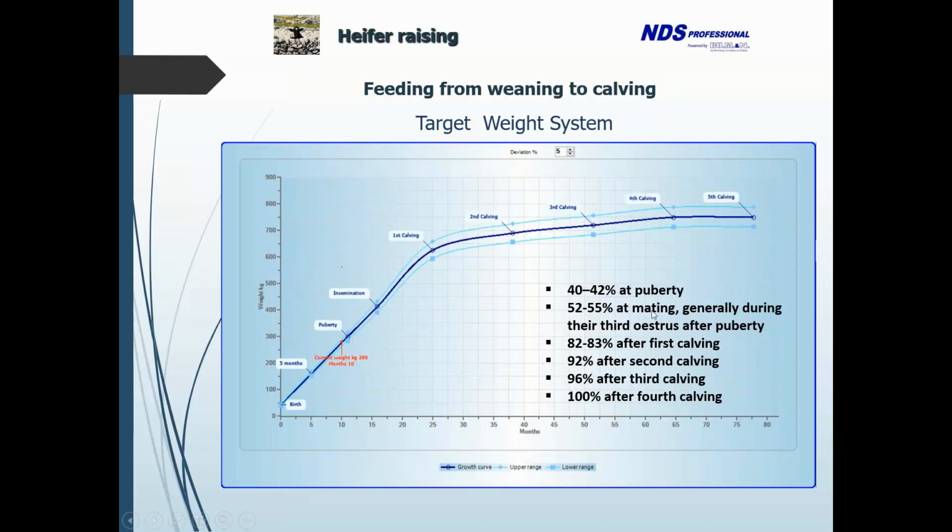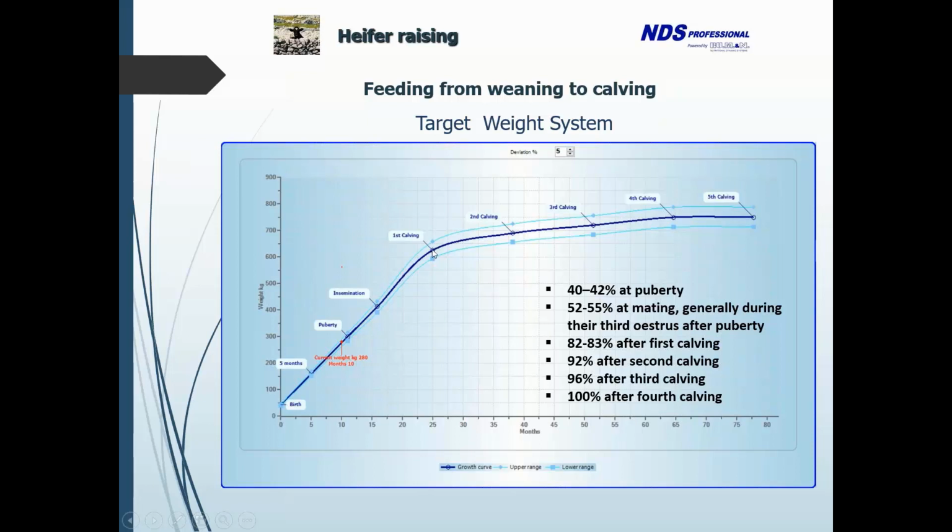Our heifers should be 40 to 42% of the mature body weight at puberty, 52 to 55% at breeding time, and the breeding time generally occurs after 3 or 4 estrus after the puberty. 83% of the mature body weight at first calving.